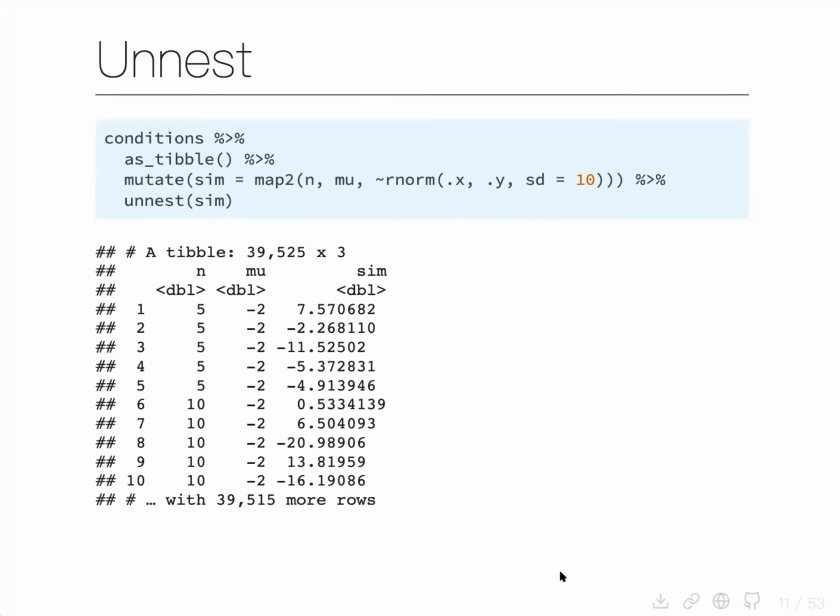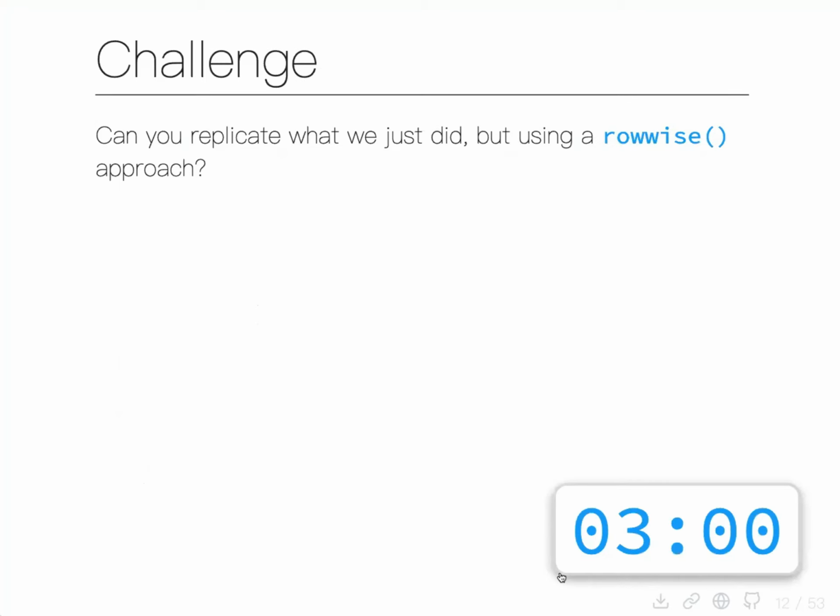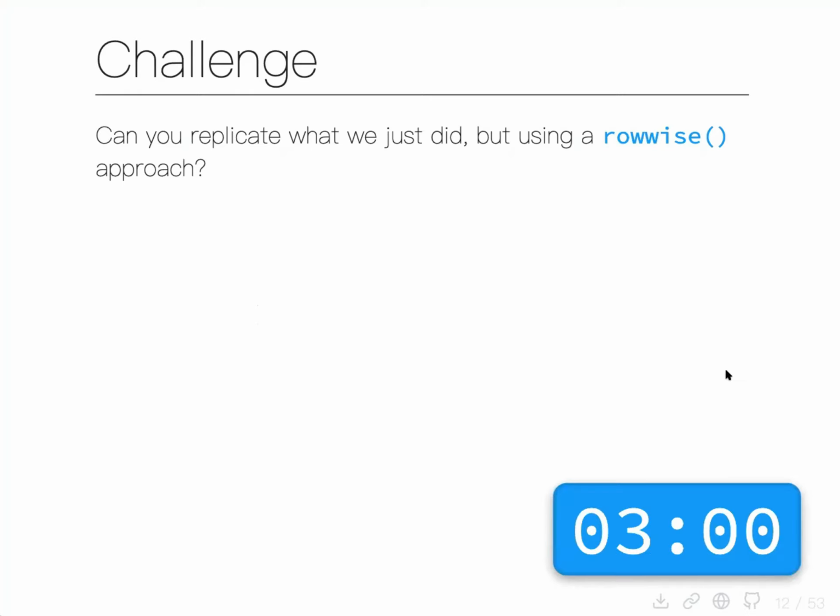So now I have 39,525 rows of simulated data that has all the conditions that I wanted. All right, so challenge: can you replicate what we just did, but using a row-wise approach? Give that a try.